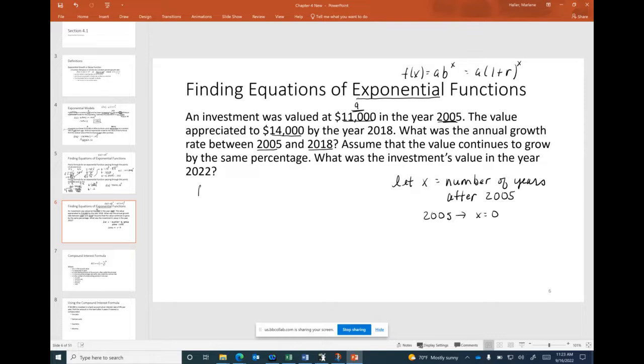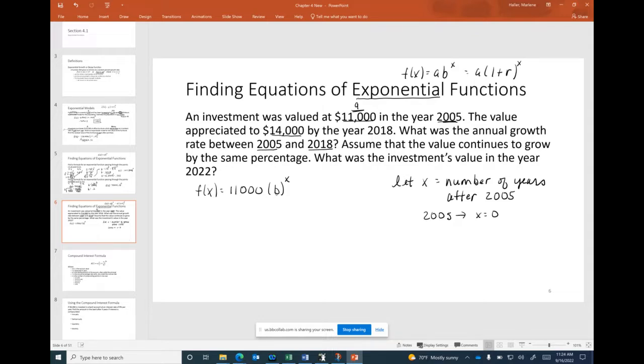So my model is going to look something like this. F of x, or my future value, it's going to be the initial amount. Since I'm framing my data after 2005, I can call 11,000 my initial amount, right? Then times my growth factor raised to the number of years, or to the x power.